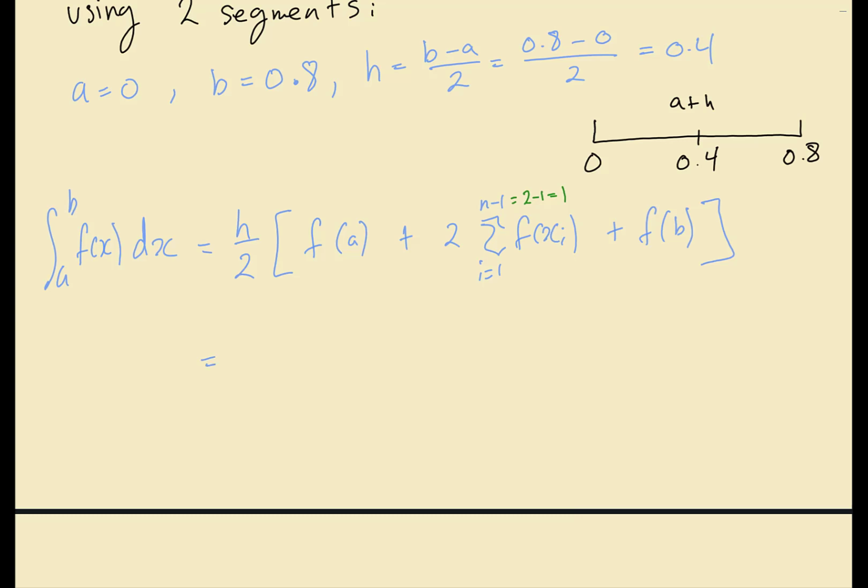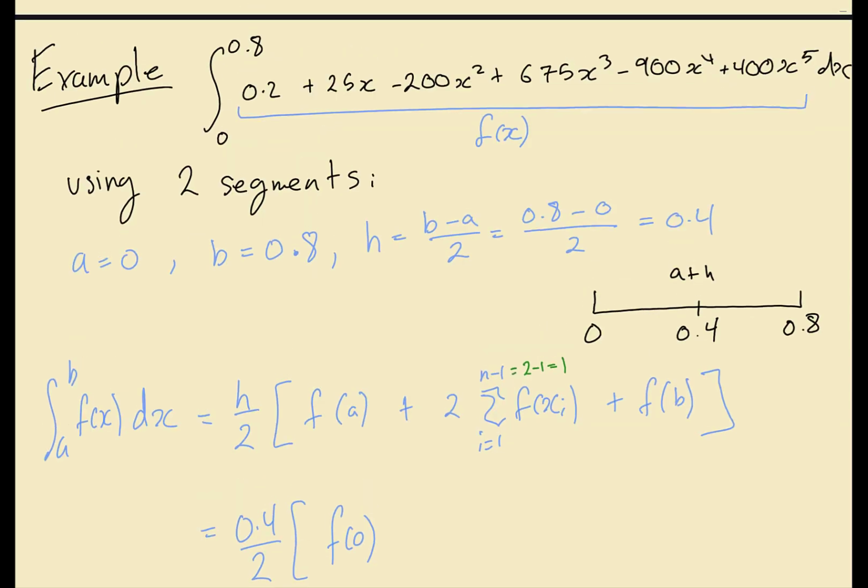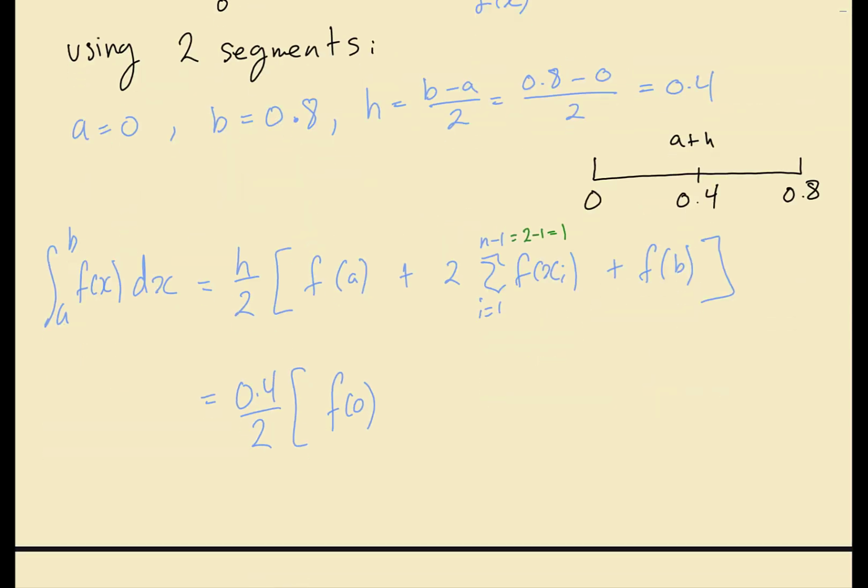So we plug it in. h is 0.4 divided by 2. f at a is what? f at 0, and the value would be plugging in 0 to this equation up here. So if I plug in x equals 0, I get 0.2. Plus 2 times f at a plus h, which we said was 0.4.